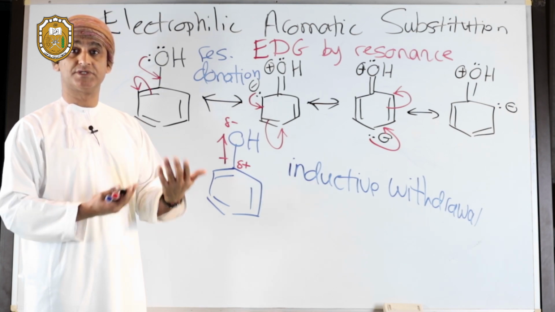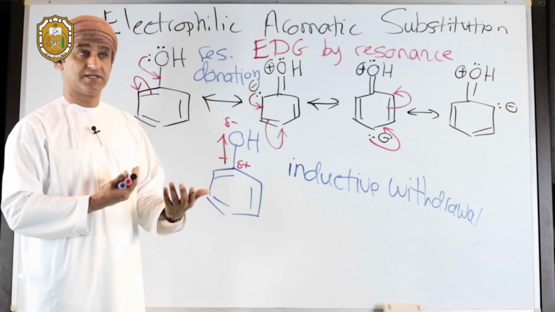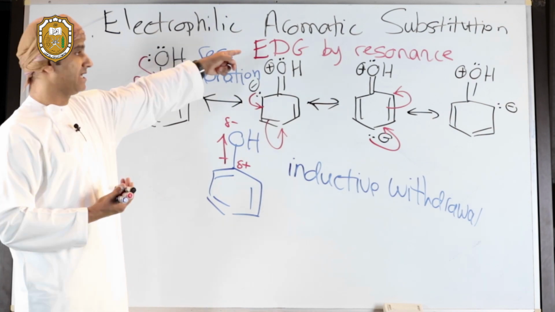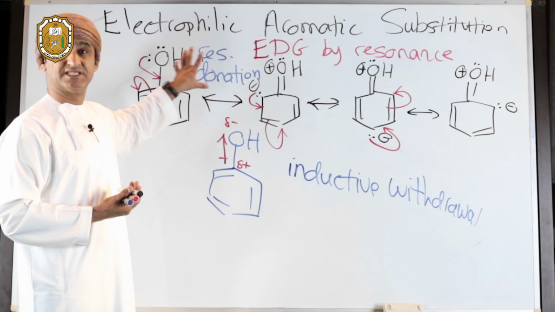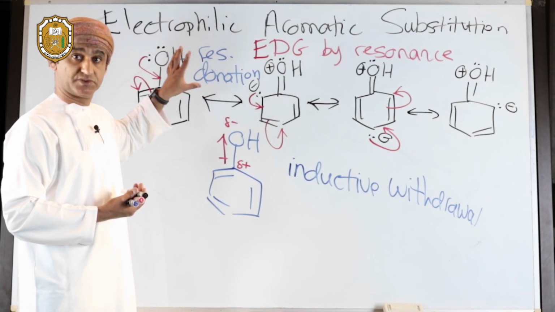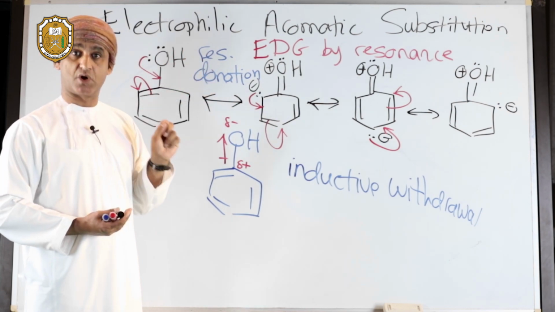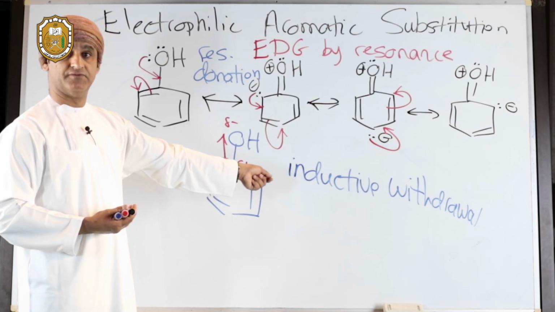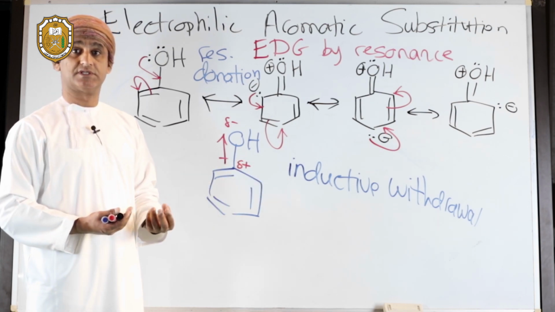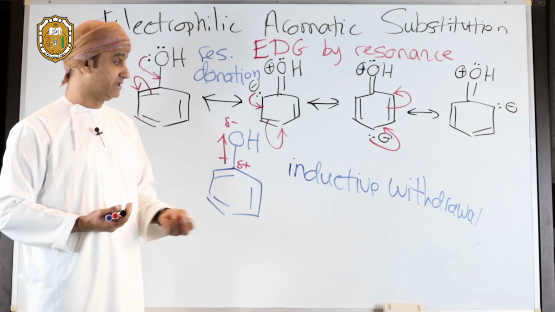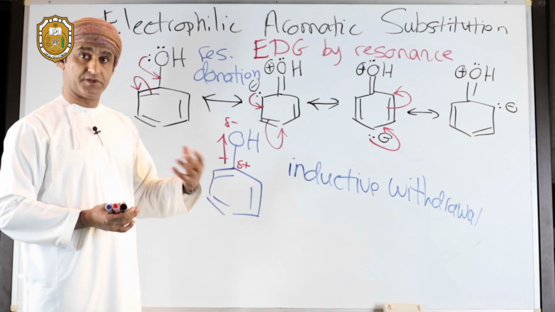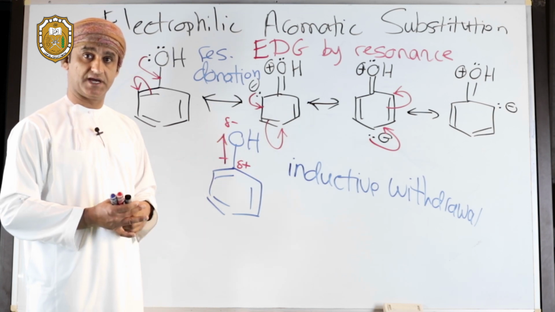So there are two opposing electronic effects, but the hydroxyl group is an electron donating group by resonance because its resonance donation is stronger than inductive withdrawal. In other words, the resonance donation of the hydroxyl group outweighs the withdrawal of electrons by inductive effect.